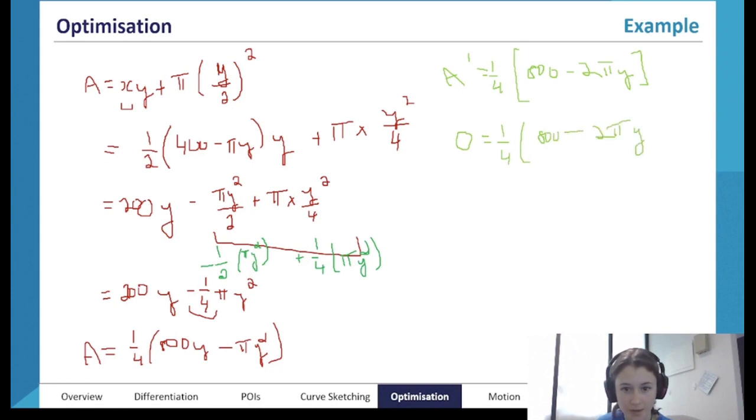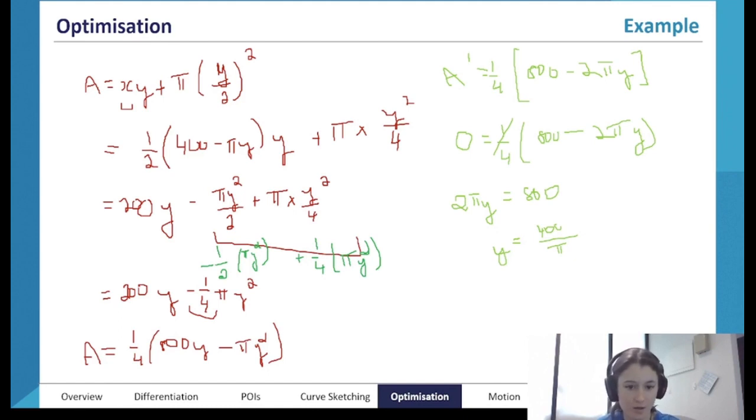As you might notice here, the quarter is going to cancel out. We can just take this 2 pi y over to the other side. We're going to get that y is equal to 400 over pi.